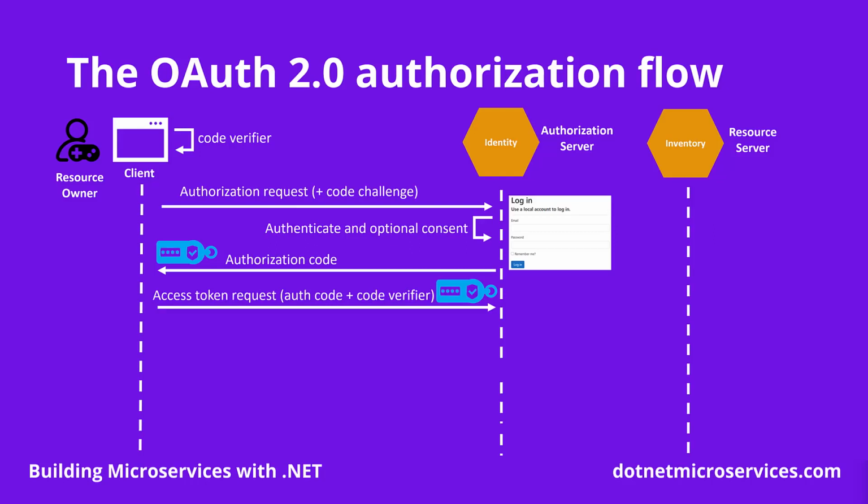The authorization server verifies this request by generating the code challenge itself out of the received code verifier and comparing it with the code challenge it had already stored. If this doesn't match, then the request likely comes from a malicious application and an error is returned to the client.